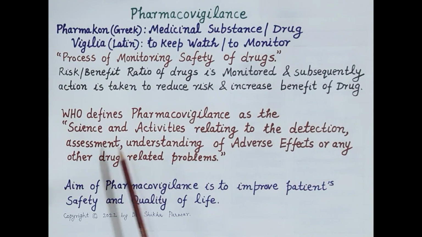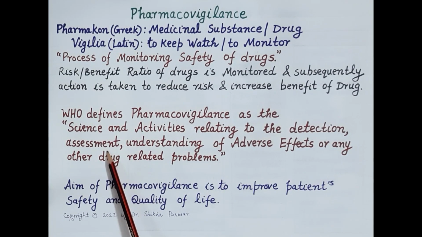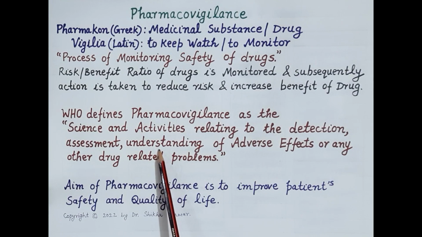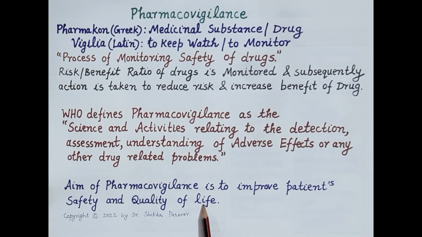This is followed by the assessment of adverse effect, that is its validity is checked if the information on adverse effect is correct. Assessment is followed by understanding the seriousness of adverse effect, if it's fatal or if it's life-threatening. And finally, measures are taken to prevent the adverse effect. Thus, aim of pharmacovigilance is to improve patient safety and quality of life.